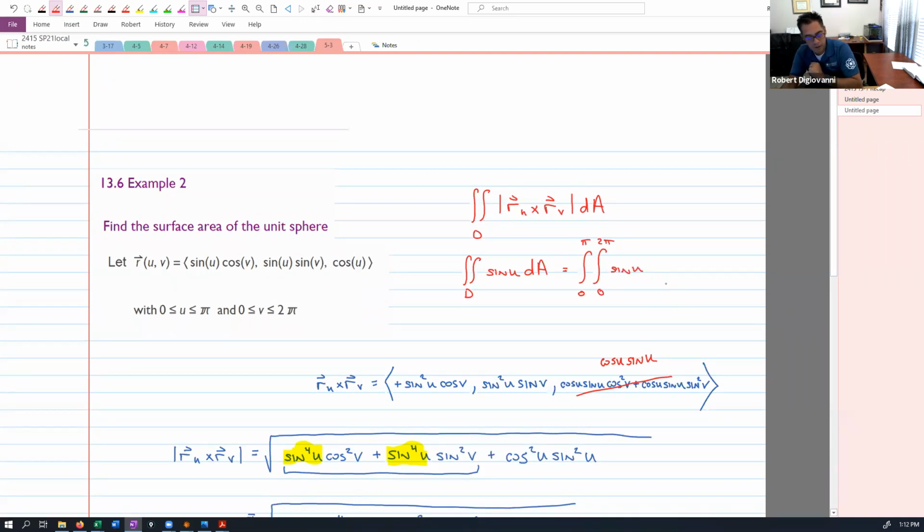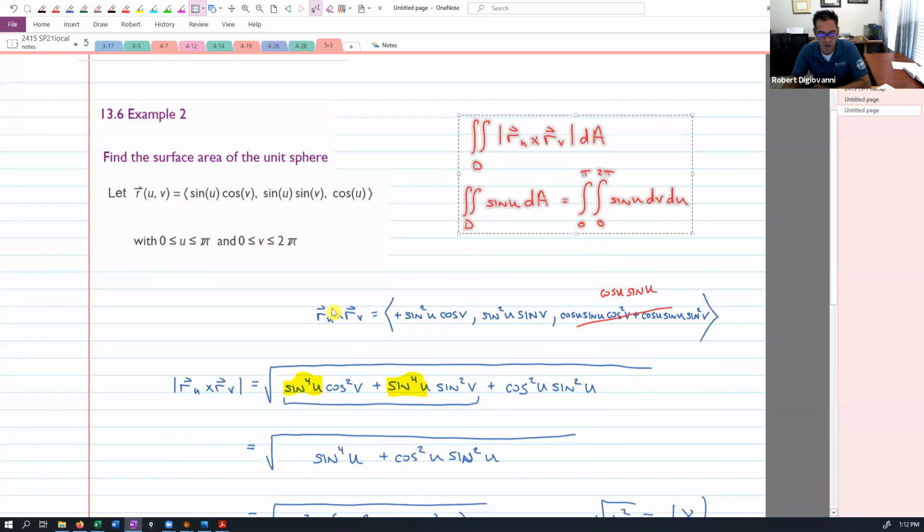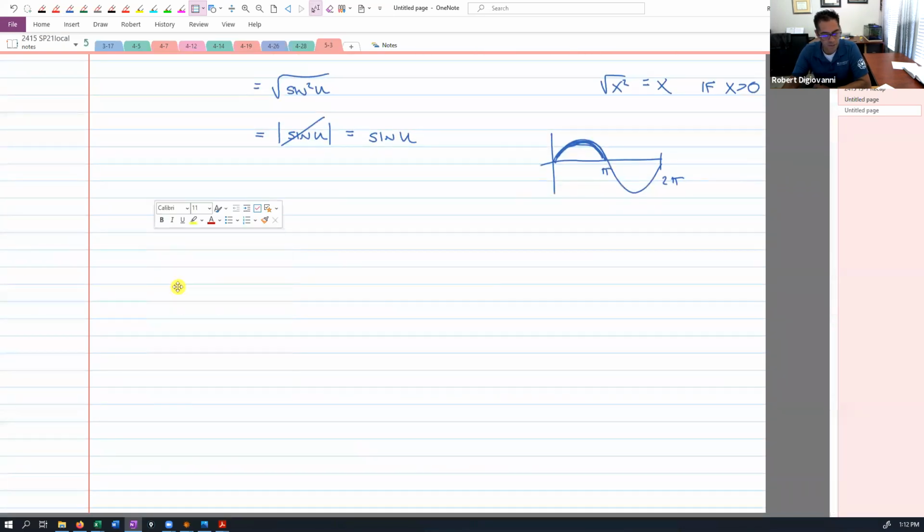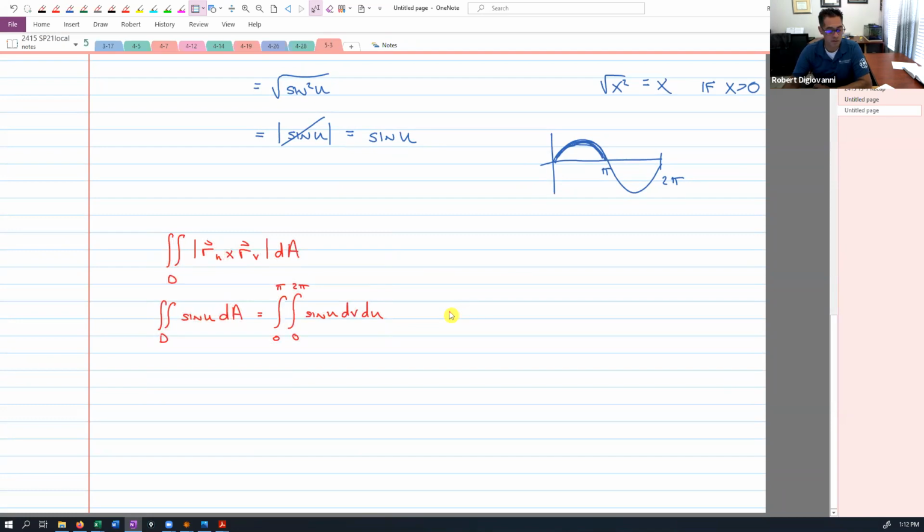My u's on the outside, so dv du. Any questions? It doesn't matter what order I put these in, just as long as I get the limits of integration correct.